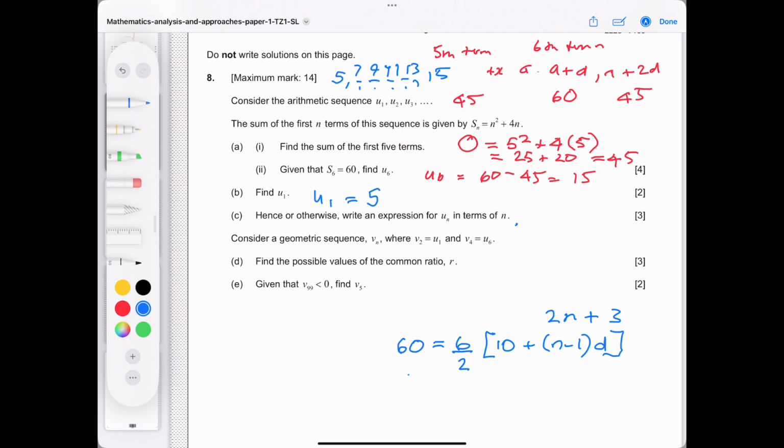So that means that's 120, divided by 6 is 10.